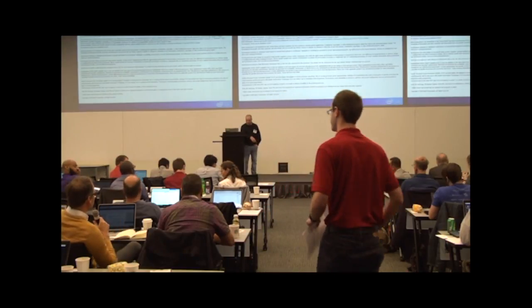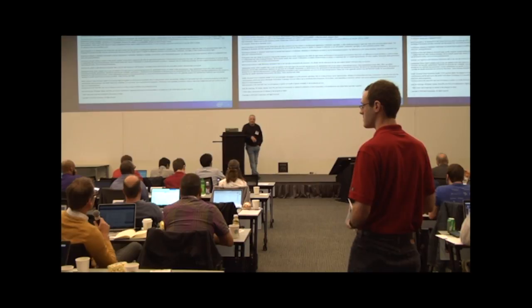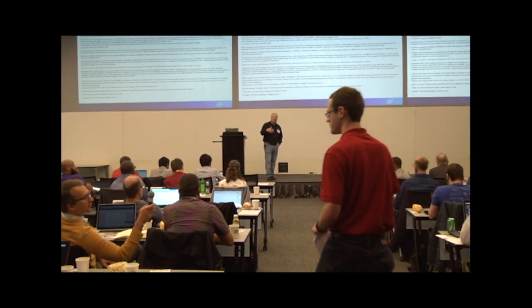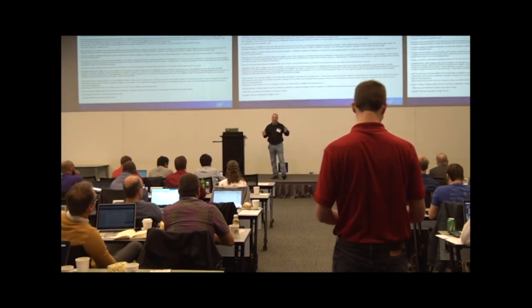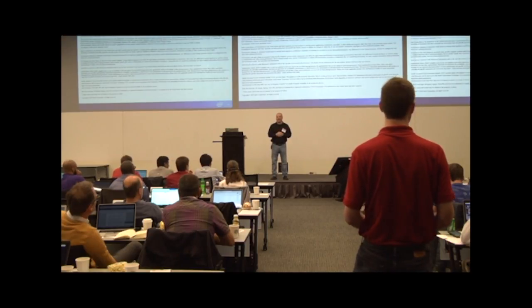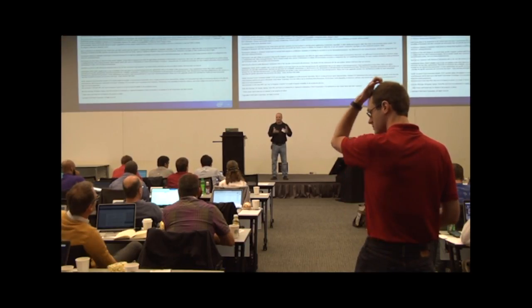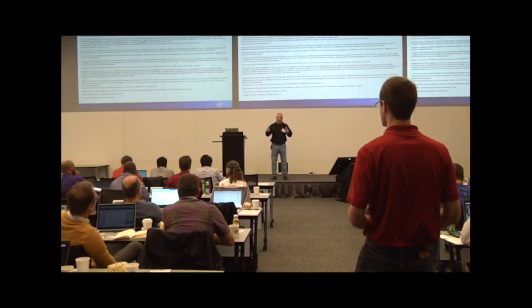Could you say a few more words about the potential DNE optimizations? I didn't quite understand what you had in store for that. What we saw in testing the DNE config, which we did test in that test cluster, was that the servers weren't under load, and one MDT was likely serving all of the metadata requests, and we didn't really see the scaling that we would have liked to see.